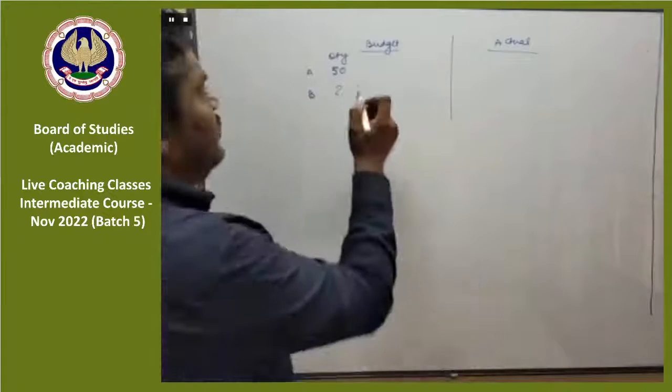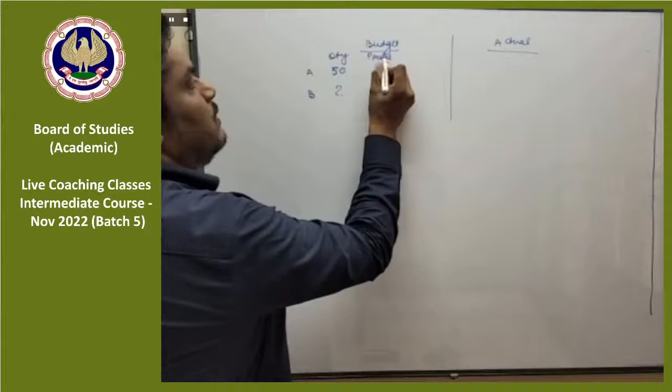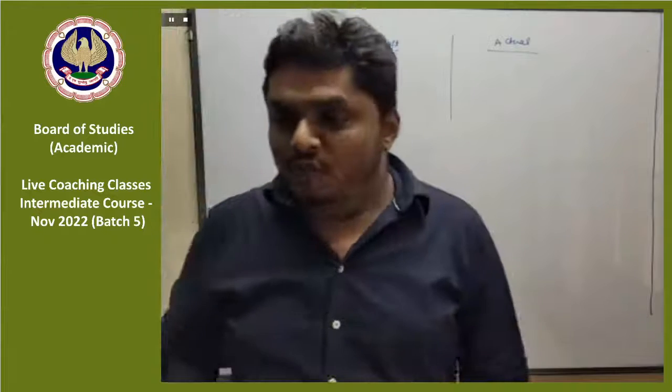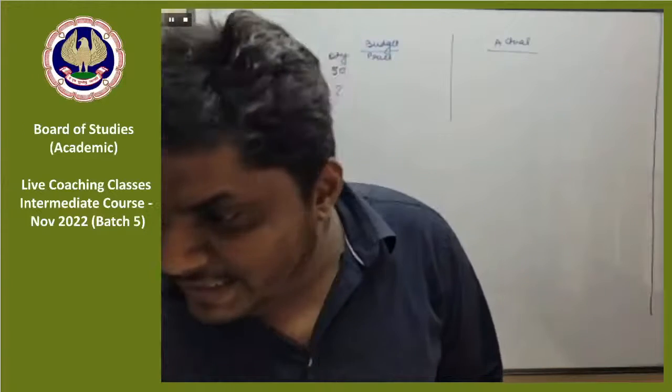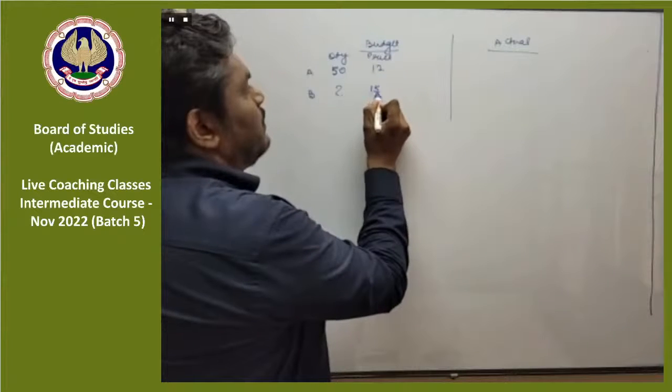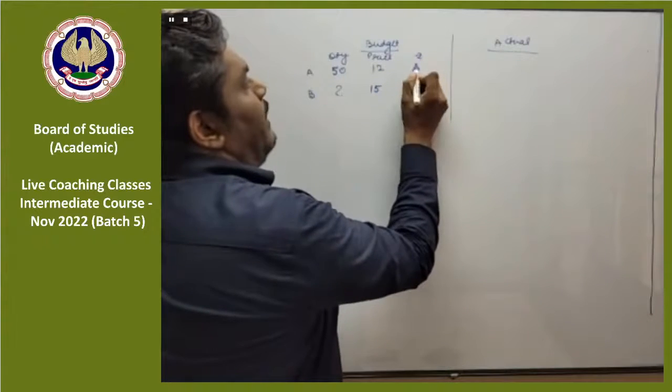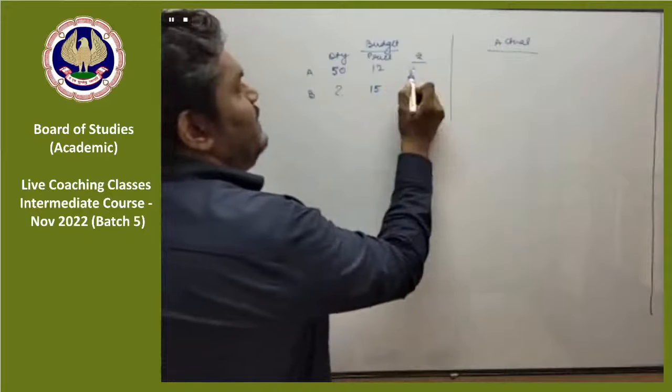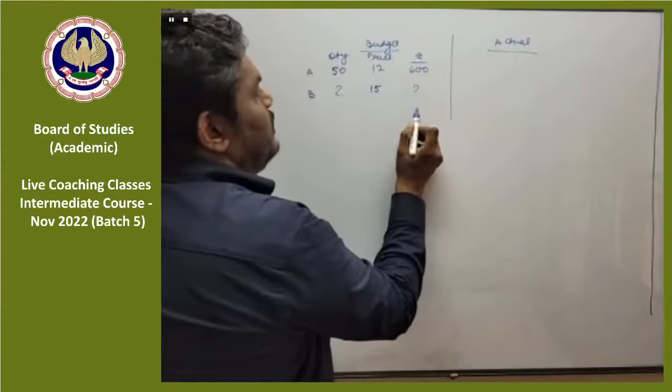Further, when talking about the price, it is 12 and 15. And the total amount is 600, and this is not given.